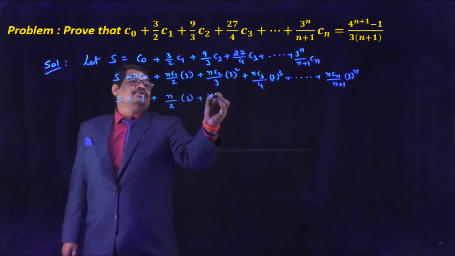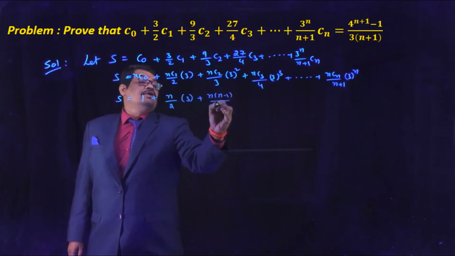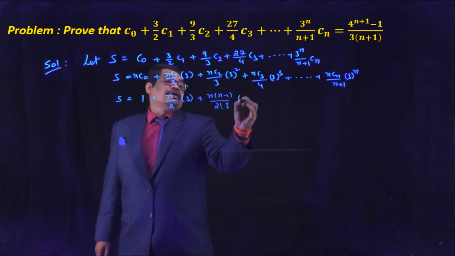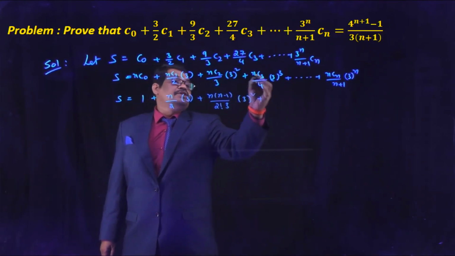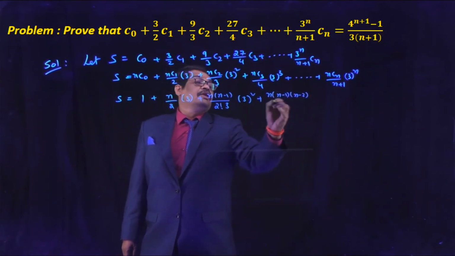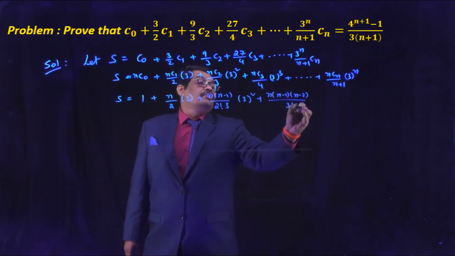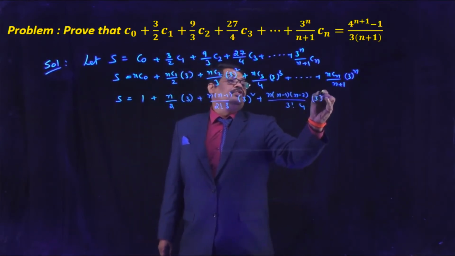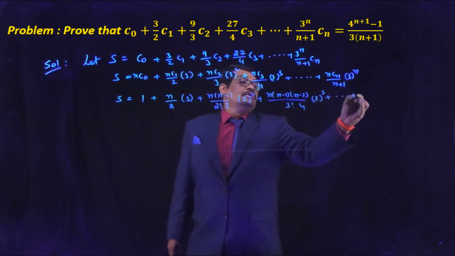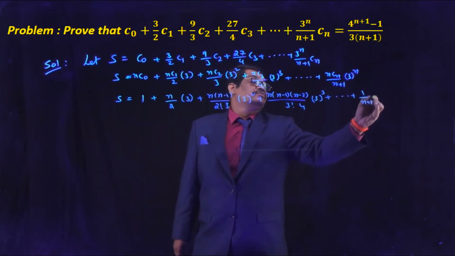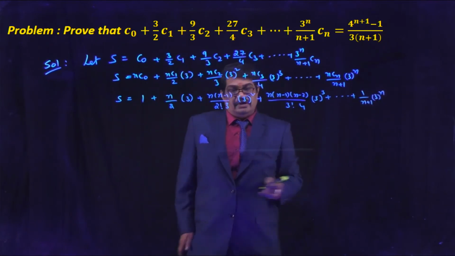NC2 is n into n minus 1 by 2 factorial into 3 square. What is NC3? n into n minus 1 into n minus 2 by 3 factorial into 4, into 3 cube, plus so on. NCn is 1 by n plus 1, 3 to the power of n.